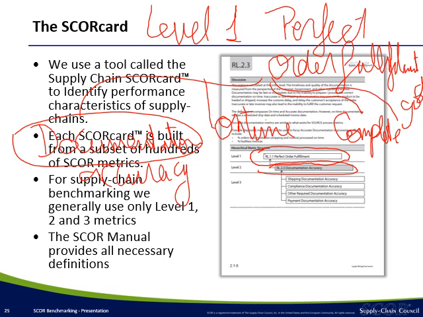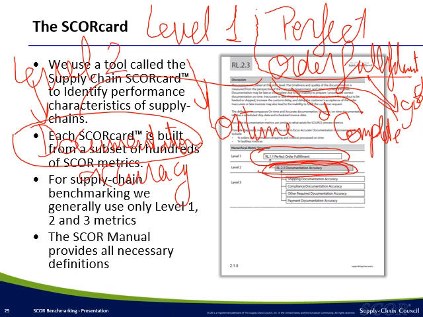When you open the page for the perfect order fulfillment, you'll find that it's divided into 4 measurements here. You don't have to think about them. This is called level 1, this is called level 2. And then this level 2 here, document accuracy, is divided into these 4 measurements. So this one is divided into 4 other measurements.